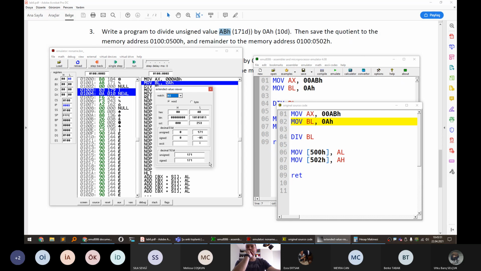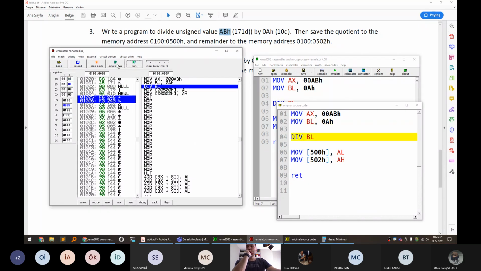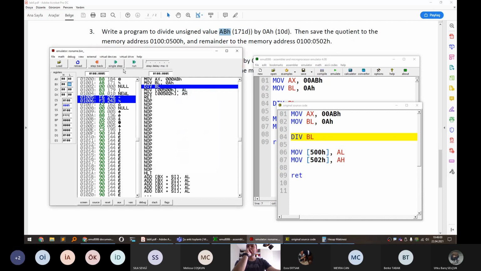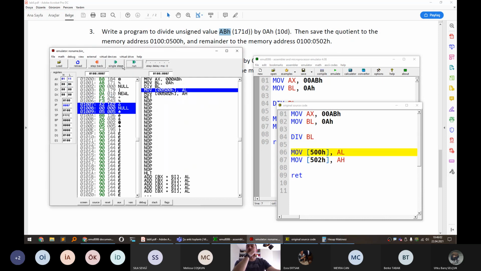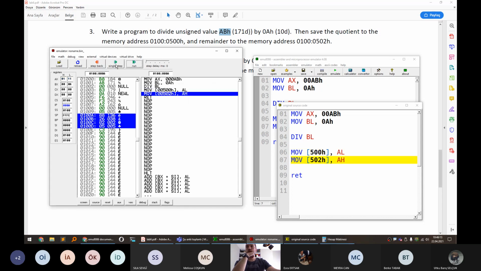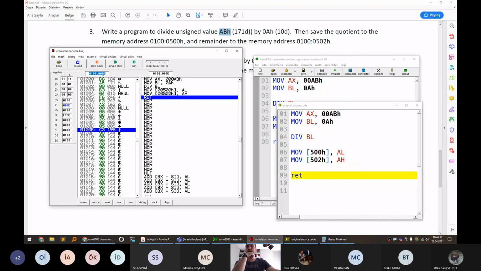Okay, AB, which is 171. A, which is 10. Division operation, the result is 17. Remainder is 1. So we put 11H into 500, 1 into 502.